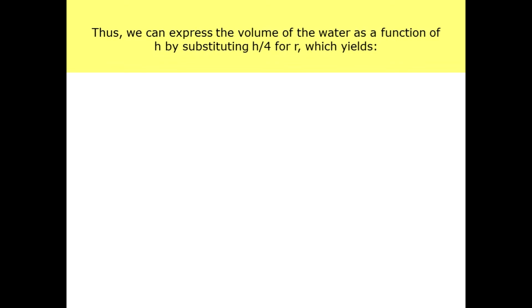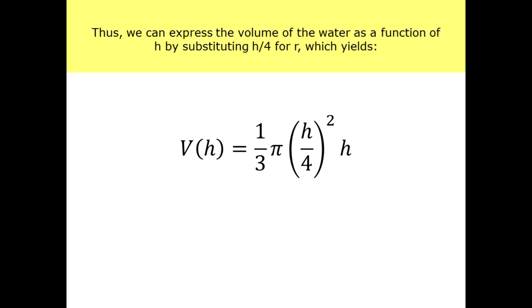Thus, we can express the volume of the water as a function of h by substituting h over 4 for r, which yields V is equal to 1/3 pi multiplied by h over 4 squared times h, which is then equal to 1 over 48 pi h cubed.